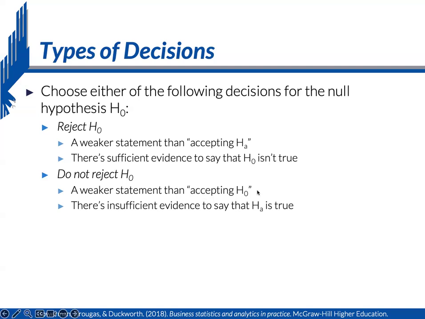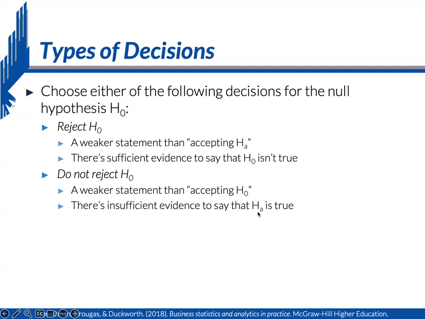Because again, when we use this statement, there's an implication that we are saying that the null hypothesis is 100% sure, or that the null hypothesis is guaranteed to be sure, which again is not the case in hypothesis testing. In this case, we may have some evidence that the alternative hypothesis is correct.